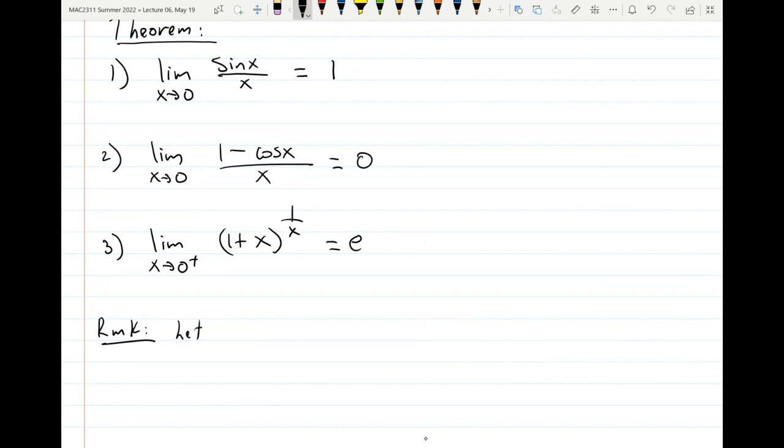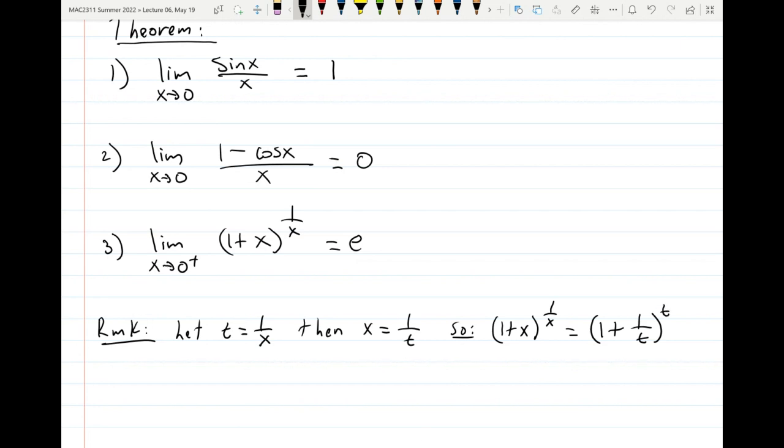I'm going to let the letter t represent 1 over x. If I do that, then that means that x is going to be equal to 1 over t. So, for example, the function 1 plus x to the 1 over x, with this new change of variables, will look like this: 1 plus 1 over t, to the t.